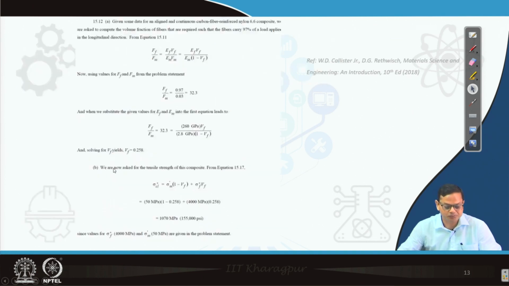So, 50 MPa multiplied by 1 minus 0.258, which is the volume fraction of the fiber. Again, it is nothing but plugging in the values once you figure out this equation. So, sigma CL, the composite stress at failure, would be equal to this much.